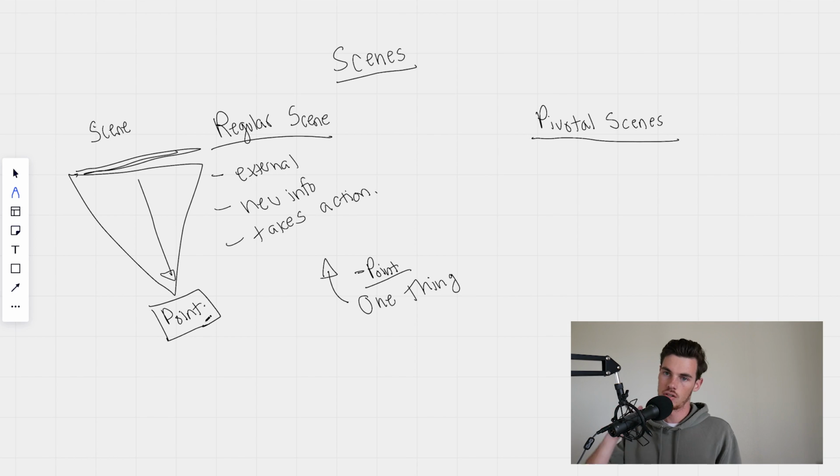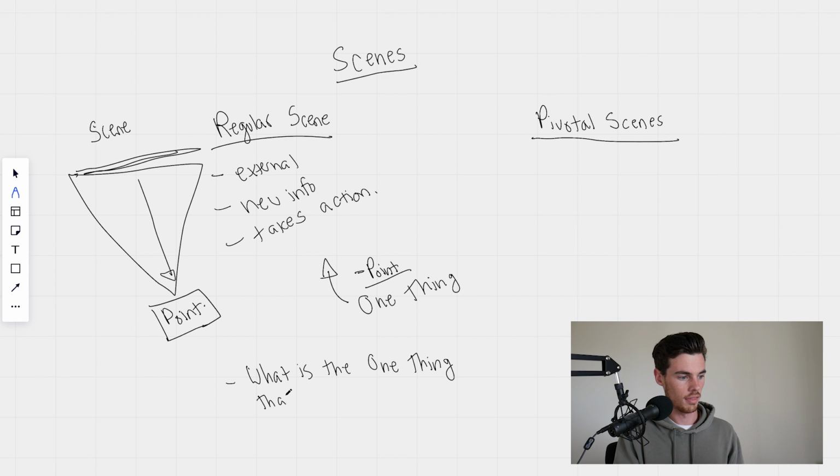So when you're looking at just the scenes in your story, there are some questions you want to be asking yourselves. What is the one thing that this scene does? What do we learn?